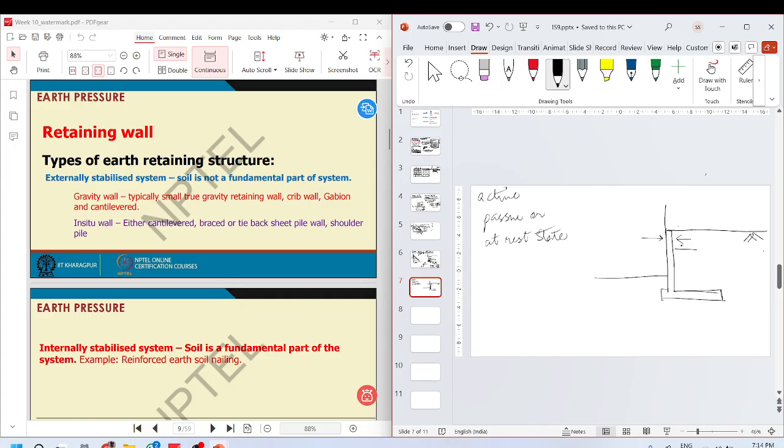There is a force that is acting in this direction, but not in this direction. If this was completely confined, it would have been at rest, but it is not. There is an active force that is pushing the structure to move like this, such that if the structure moves like this, the soil will go down and in.